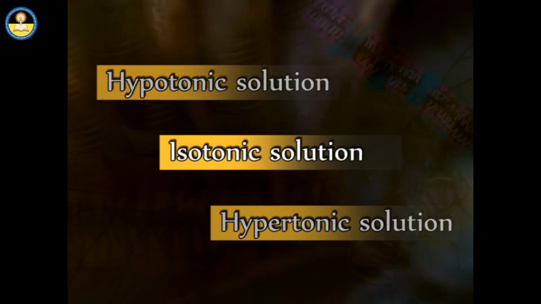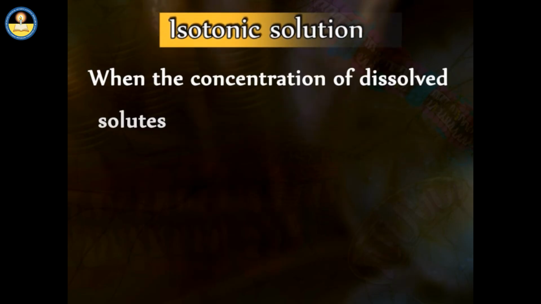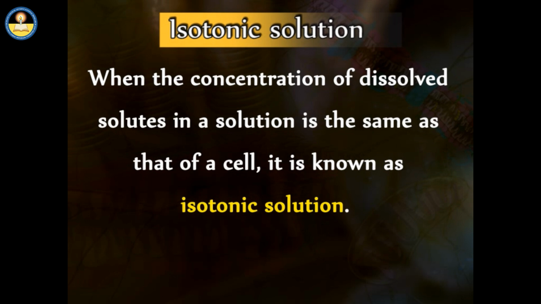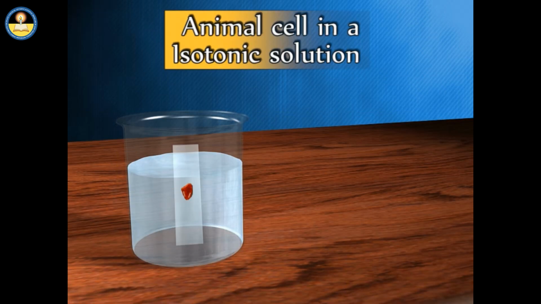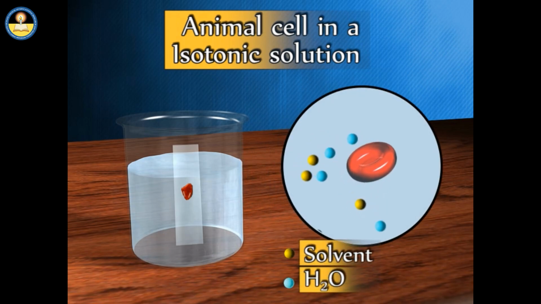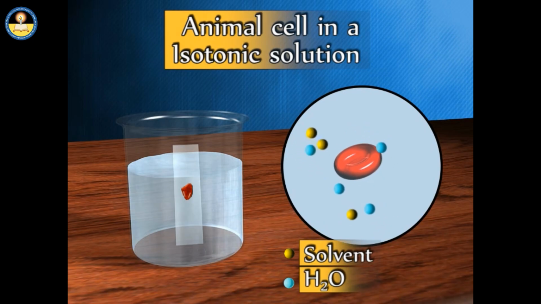Isotonic solution. When the concentration of dissolved solutes in extracellular fluid is the same as that of a cell, it is known as isotonic solution. When the concentration of dissolved solutes is the same inside as well as outside of the cell, the cell is said to be in an isotonic environment.